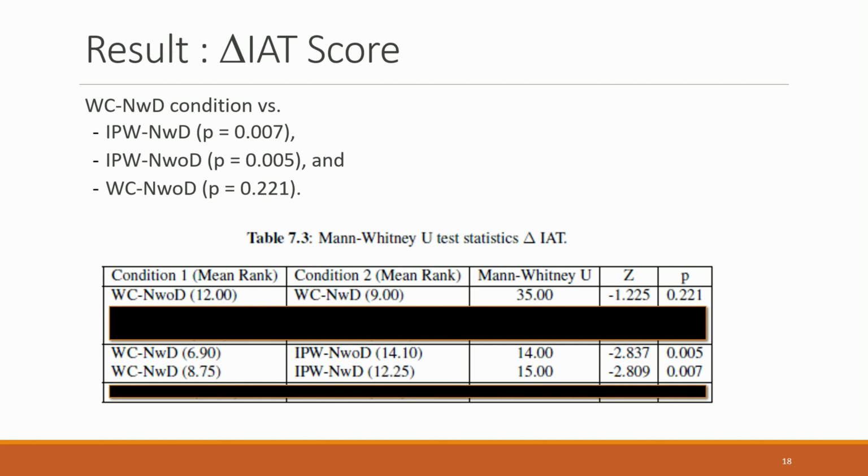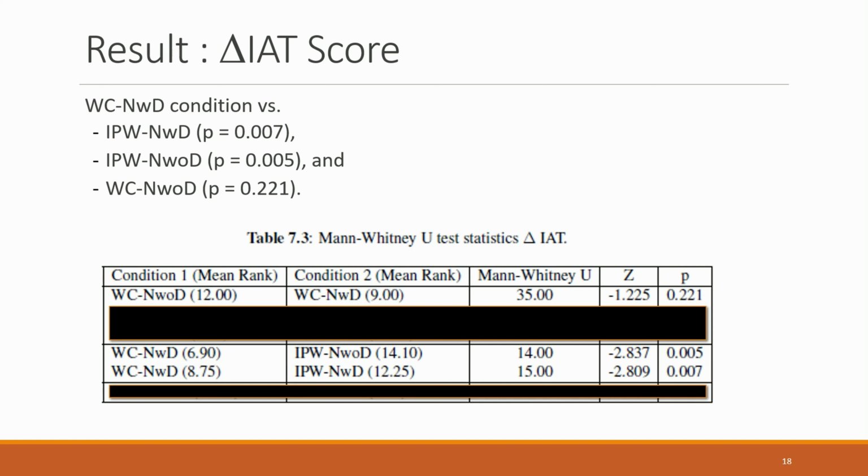Comparing the results of the delta IAT score for the condition where the participant used the wheelchair and interacted with the narrator with disability versus all the other 3 conditions, we see that there is a statistically significant change in bias in condition WC and WD versus IPW and WD, which is where the participant used the in-place walk and interacted with the narrator with disability.